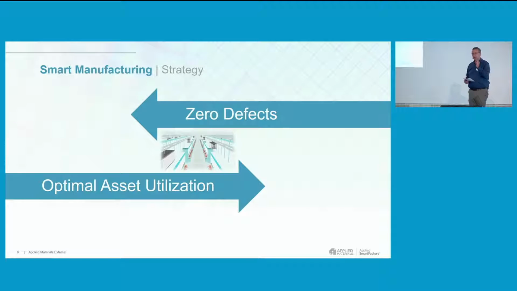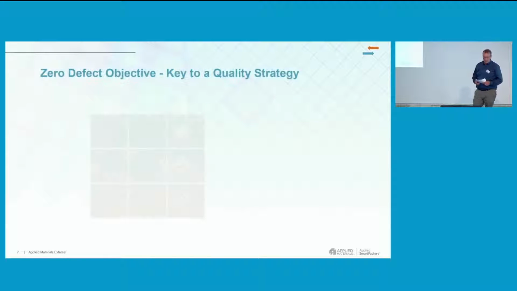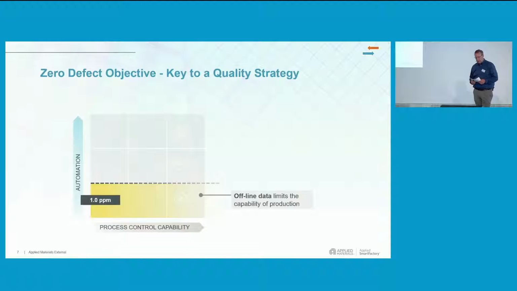The striving for zero defects, may never get there, but we're going to try, okay? And optimally using the assets for predictable output. Just a quick definition of each of these so that it gives a little more context. There's a couple axes of interest here.